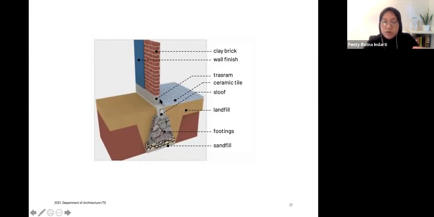So that's why we try to use trasram alongside the walls, particularly in areas where water is used, such as wet areas like the kitchen, washing area, as well as the bathroom.